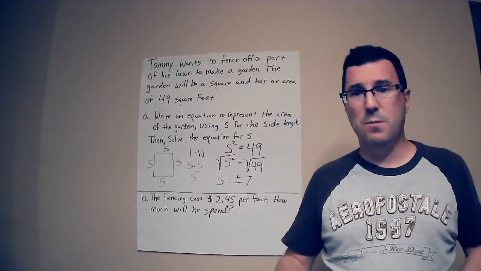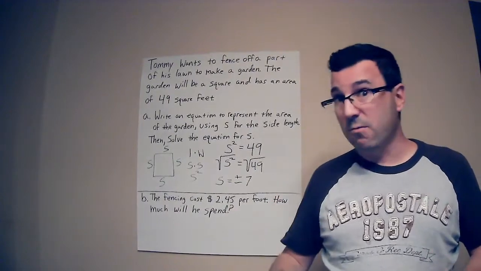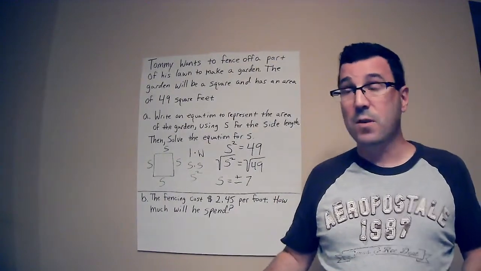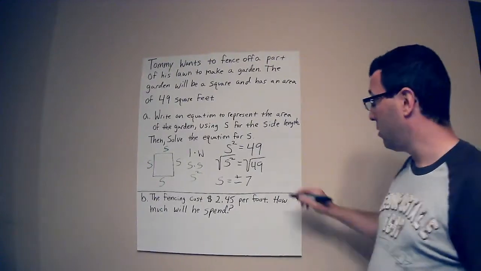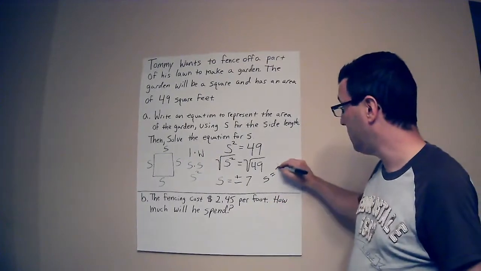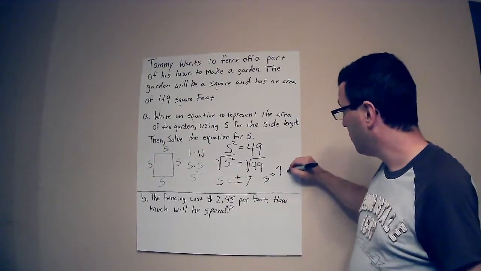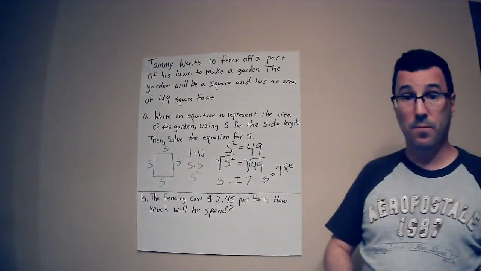So the question becomes, can we have a negative length? And in the real world, no, we can't. So we're going to get rid of the negative part of the answer. So our answer, S, is going to be 7 feet. So each side is going to be 7 feet long.